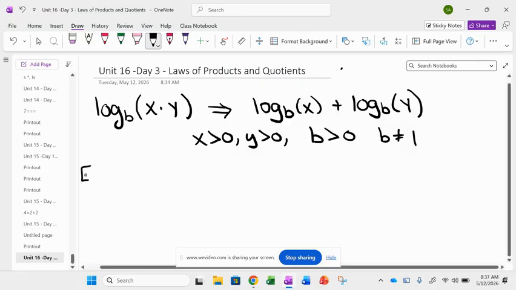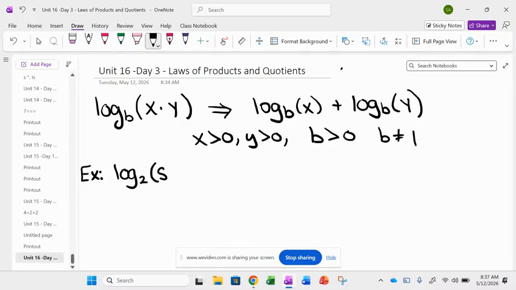So an example would be, let's say I have log base 2 of 8 times 32. Now remember, any log can get changed into an exponential, right?